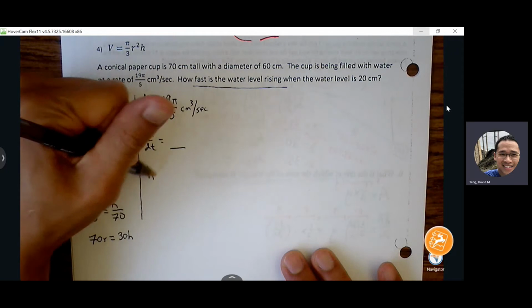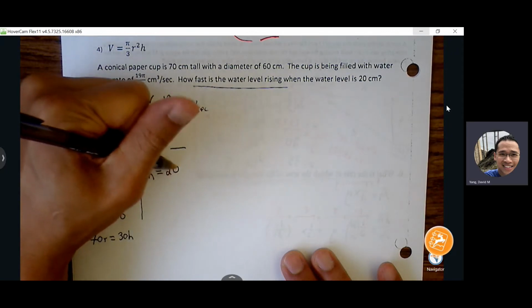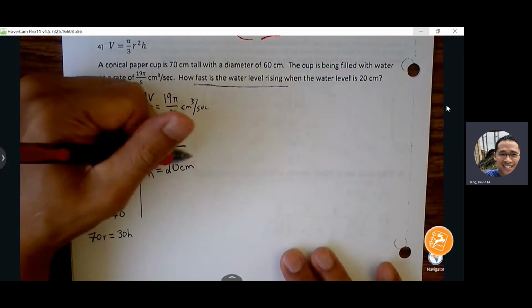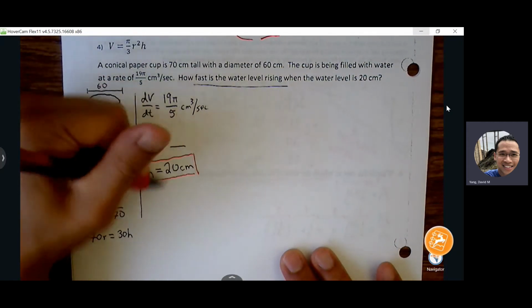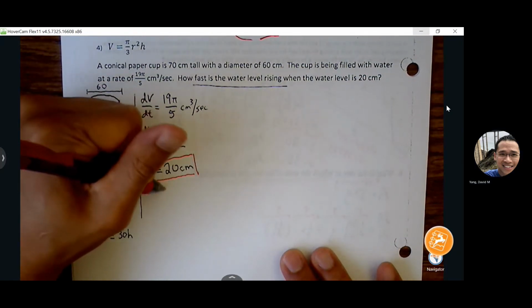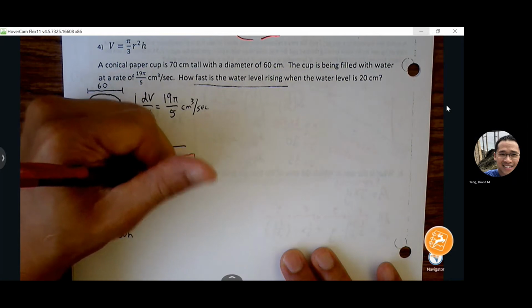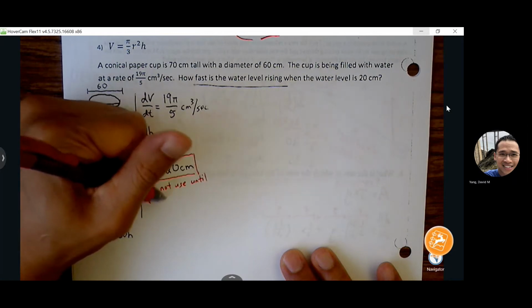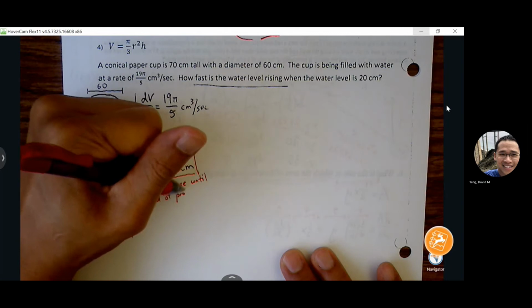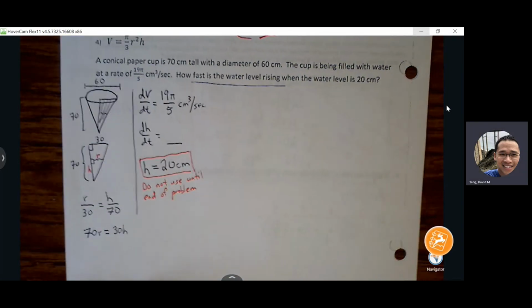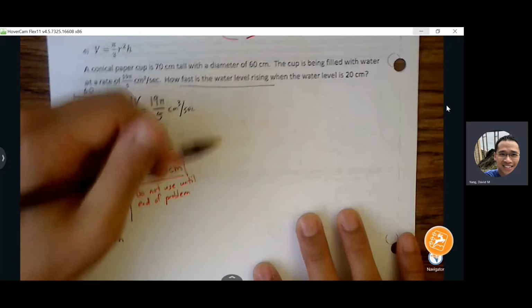Okay, put a star next to this because we don't want to use this value too soon. Do not use until the end of the problem. Okay, we are going to use it, but just not at the beginning.